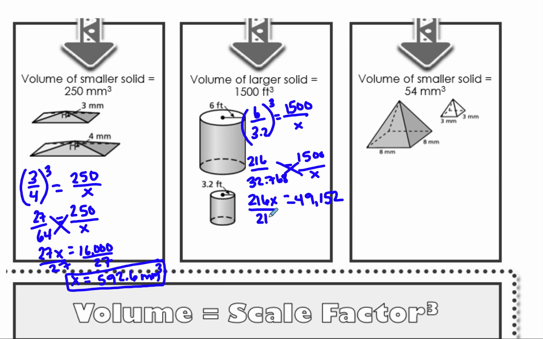We're taking that and dividing by 216. And we get 227 and 6/10, if I'm going to round to the nearest tenth, feet cubed.